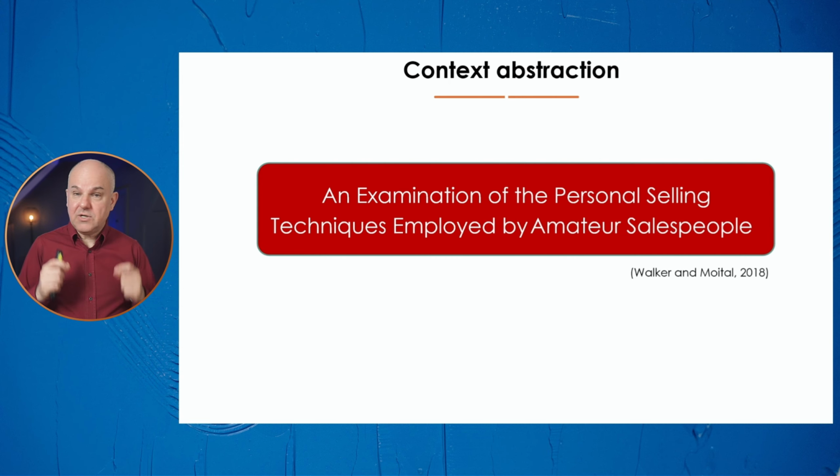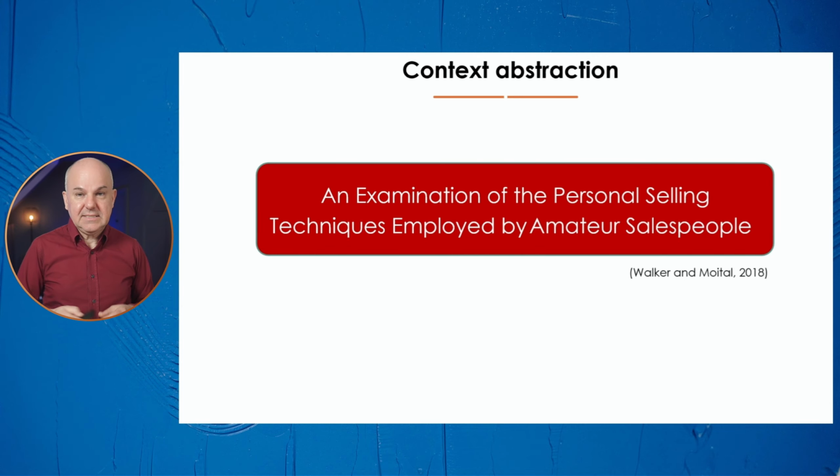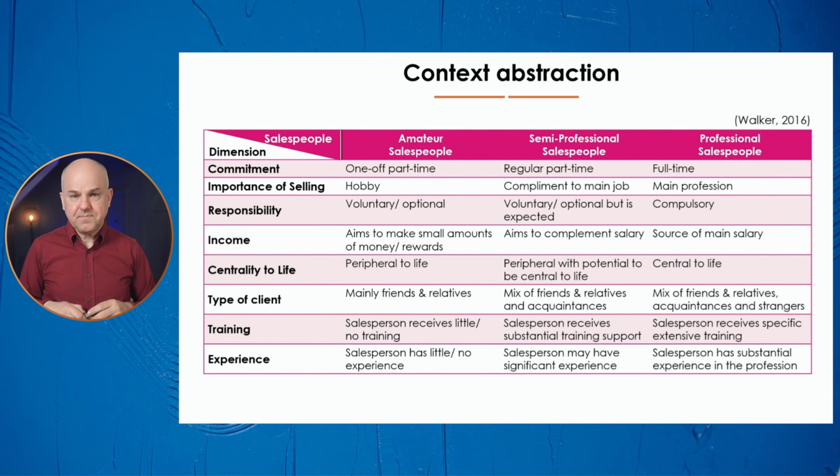Because these people are not professional salespeople. They are literally trying to sell something in a different context, different from the other types of salespeople. And this is complemented with a table like this, where it defines the types of salespeople.